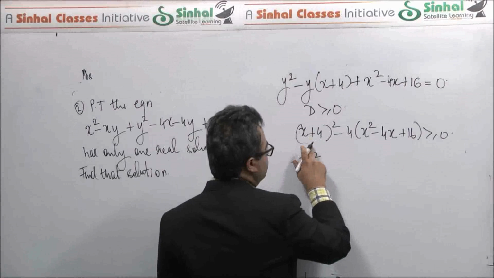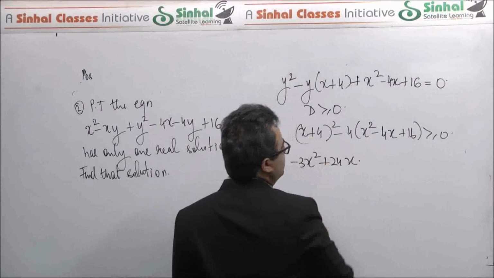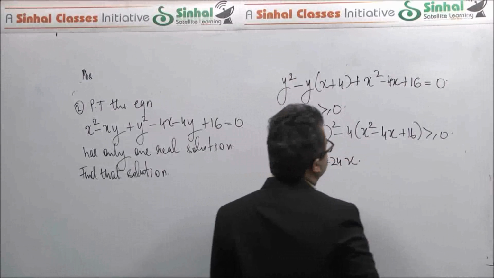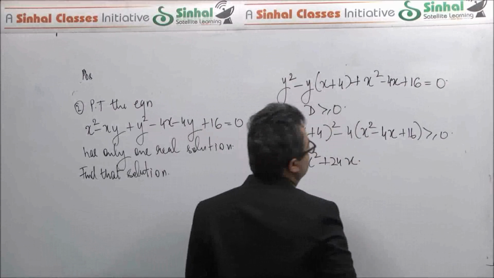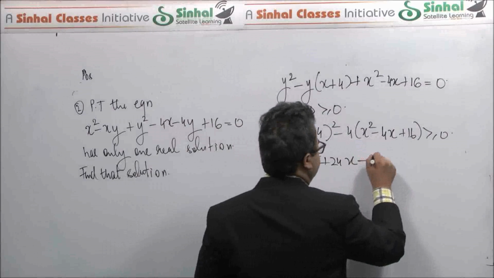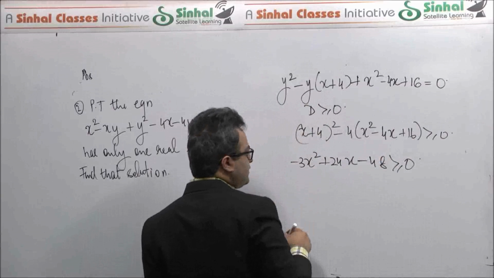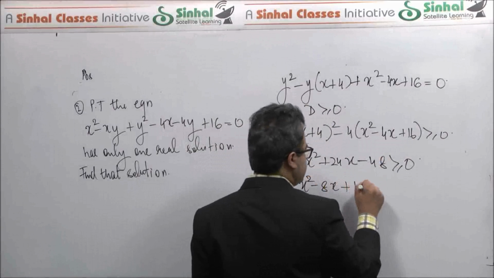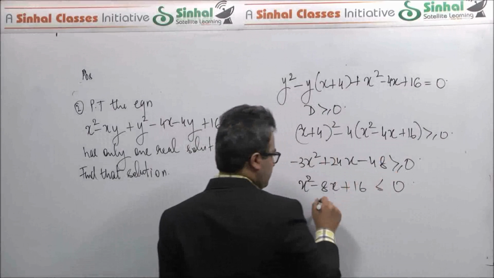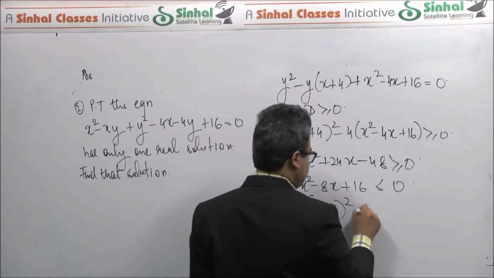So we'll get 8 plus 16, so plus 24x, and we'll get 16 minus 64. So 64 minus 48. So I can now divide by minus 3 throughout, but then the sign of the inequality will have to reverse, which gives me that (x minus 4) whole square is less than or equal to 0.